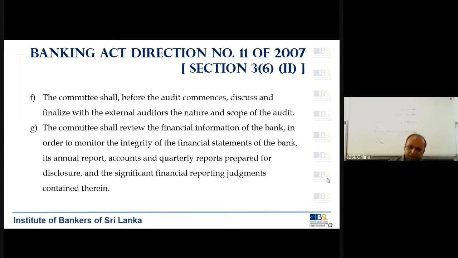This publication in the newspapers, putting it on the website, or giving it in any other medium of annual report or CDs, whatever it is, all these can happen only when beforehand you have done it with the board audit committee. They have to give you the recommendation and approval for you to go ahead and publish the financial statement.